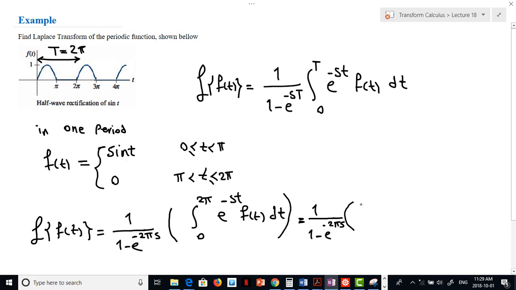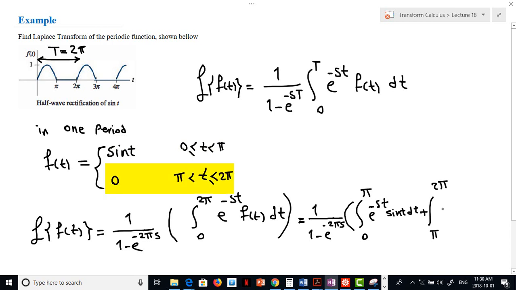As a result, we have to split the range of the integral: from 0 to pi plus from pi to 2 pi. In the range of 0 to pi, we have e to the power of minus st, and f(t) is sine t, dt.